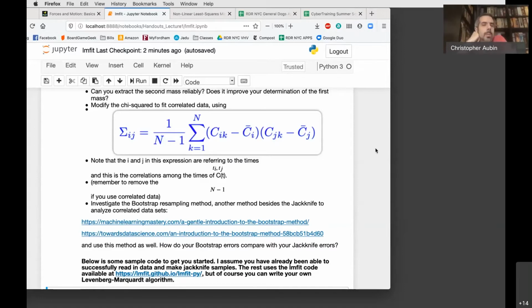And so when I say modify the chi-squared to fit correlated data, using this expression here, we're looking at the correlations among the different values of C of t over the jackknife, not among the different configurations. So in a sense, there are two levels of correlations that come into play here.